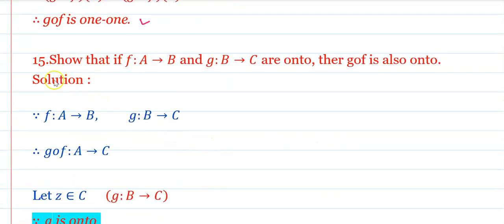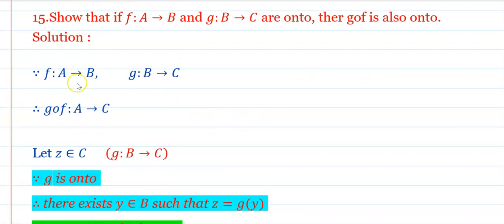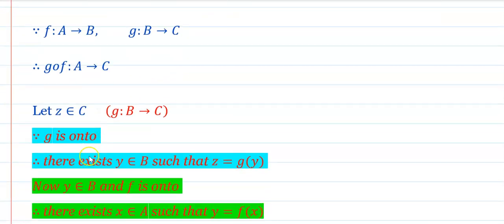Now the next question, number 15. Show that if f from A to B and g from B to C are onto, then g o f is also onto. Now see this. f is from A to B and g is from B to C, so g o f is from A to C. Now let z belong to C. Then z needs a pre-image, and that pre-image must be in A; this is what we have to prove.